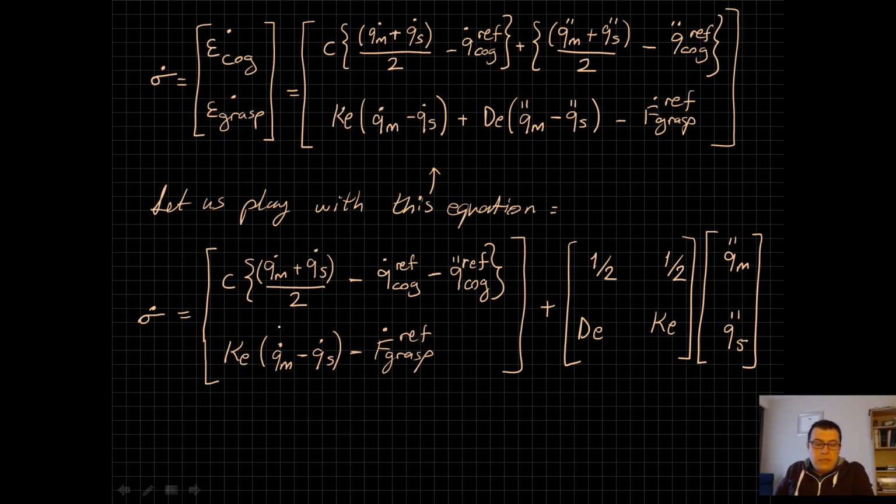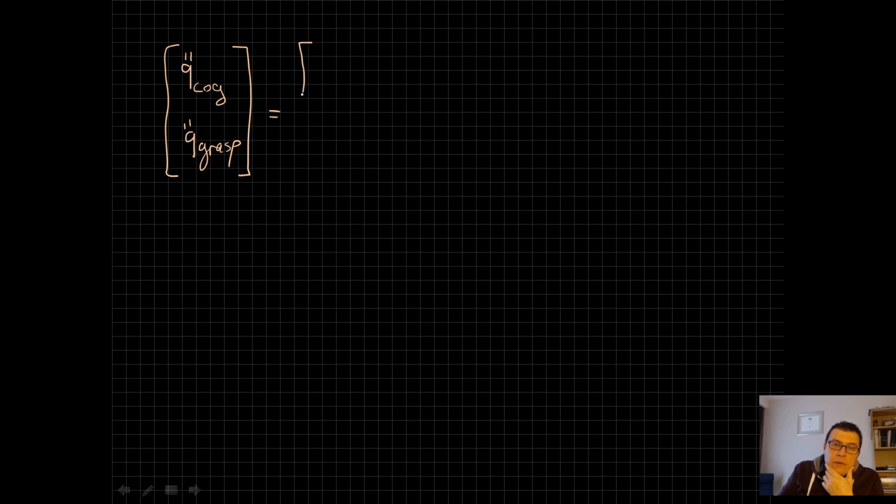So from this, it's not too difficult to write that Q COG double dot and Q grasp double dot can be defined as the right hand side of the equation.